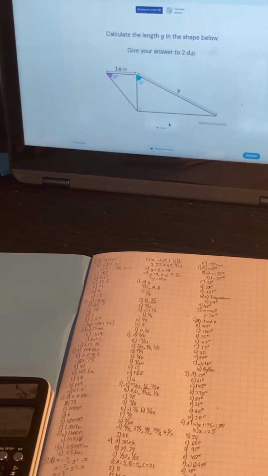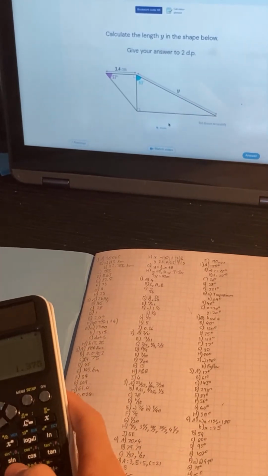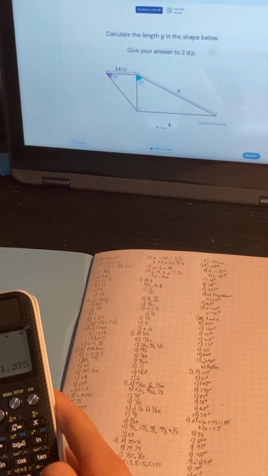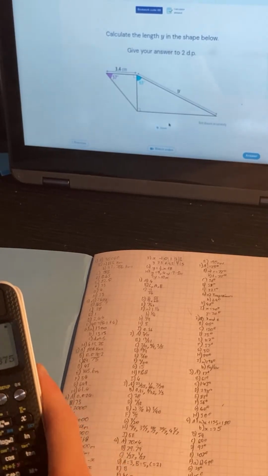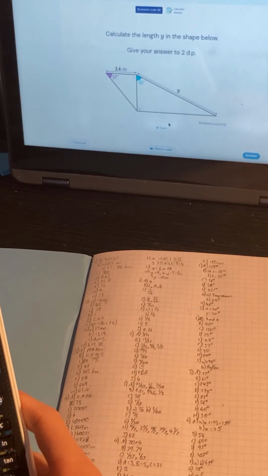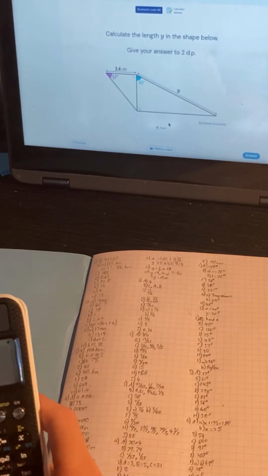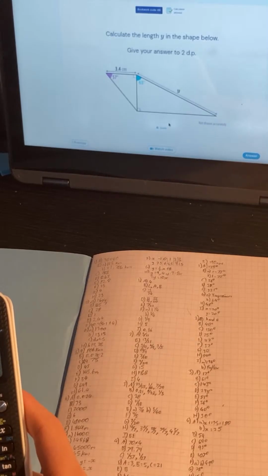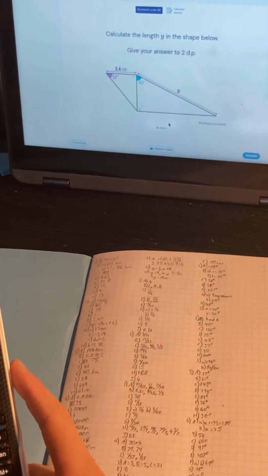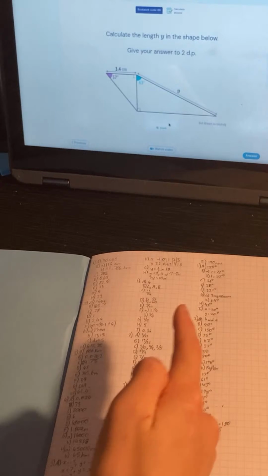We figured out that length and we figure out, I don't want to do this. Right, opposite over adjacent. So we times by 3.4. 57. That's a length. And then adjacent over hypotenuse.